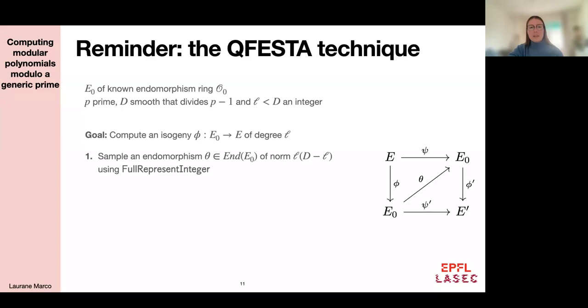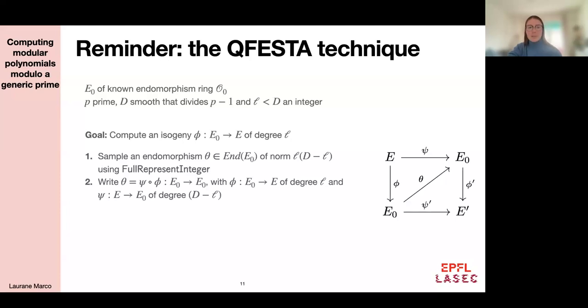So how do you do it? You sample an endomorphism theta in your endomorphism ring, which you can do because you know the endomorphism ring, of norm L times D minus L, using the full represent integer algorithm that was introduced in KLPT and refined in the SQIsign papers and the follow-ups.